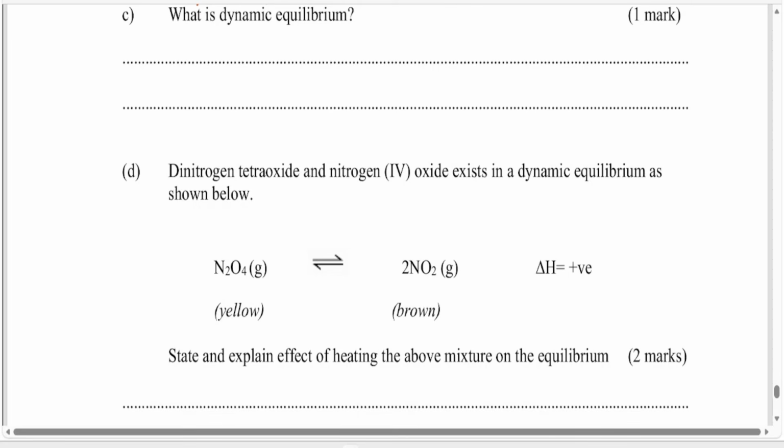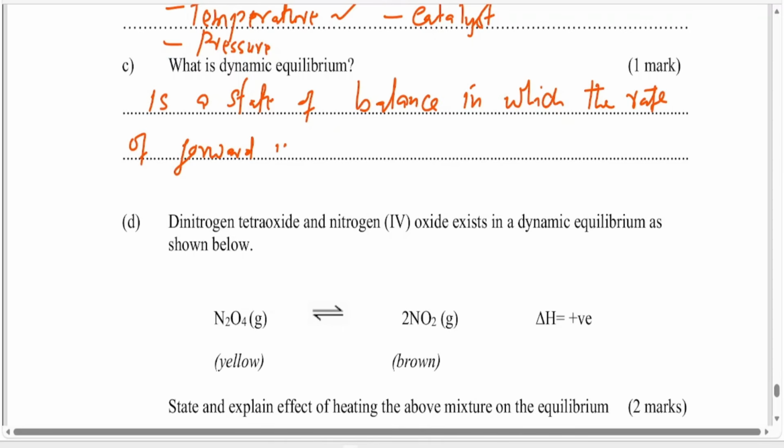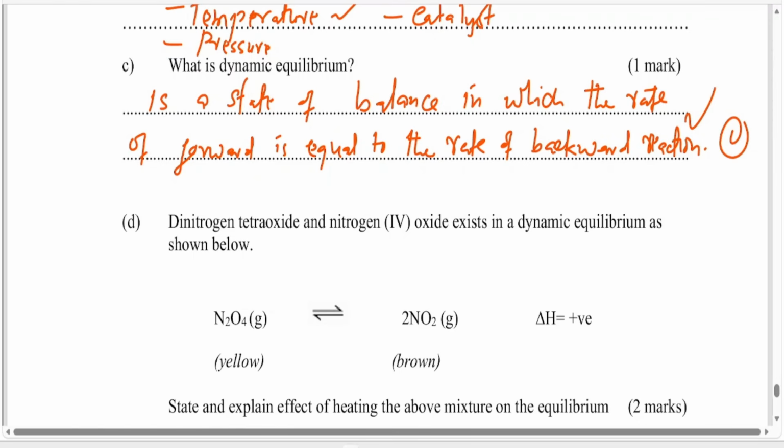Dynamic equilibrium is a state of balance in which the rate of forward reaction is equal to the rate of backward reaction. This statement gives you 1 mark.